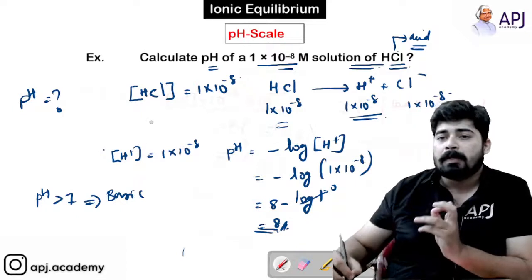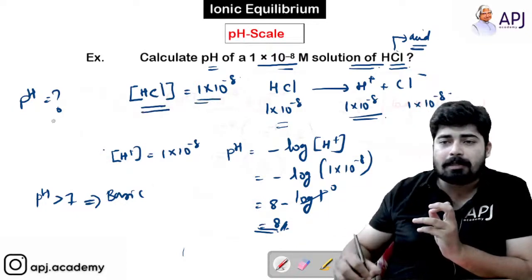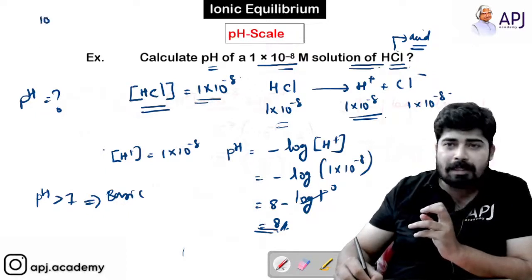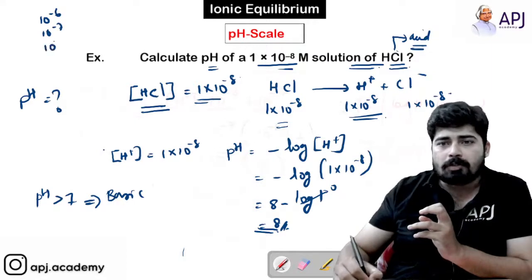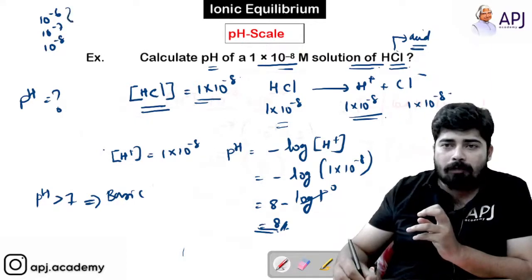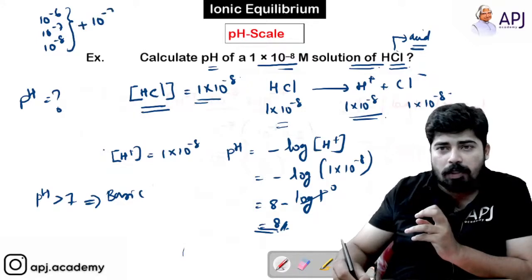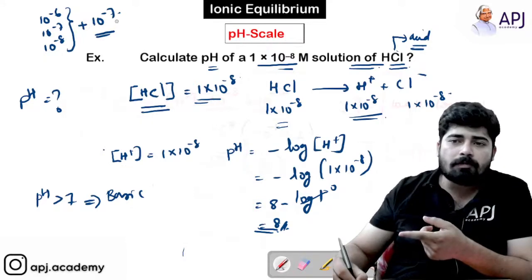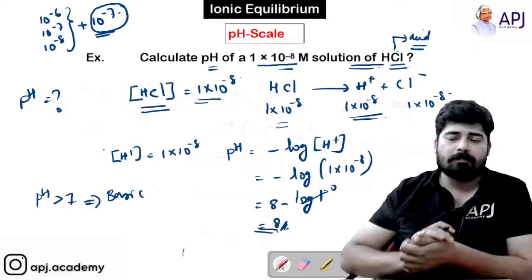Listen to me, whenever the concentration of an acid is given in the form of 10 raised to minus 6, 10 raised to minus 7 or 10 raised to minus 8, you always have to add the H plus concentration from water also. What is the H plus concentration from water? It is 10 raised to minus 7.